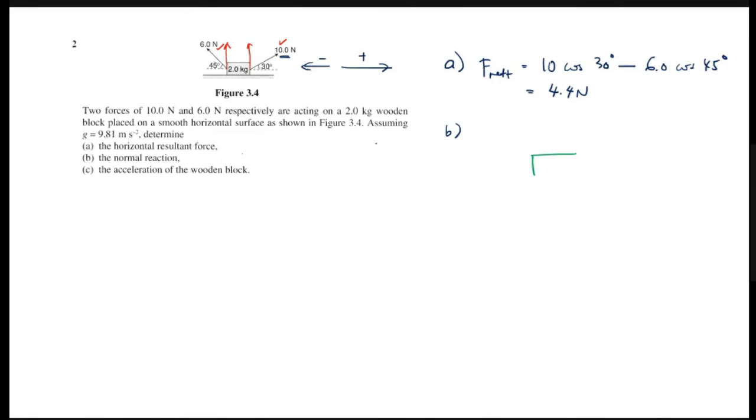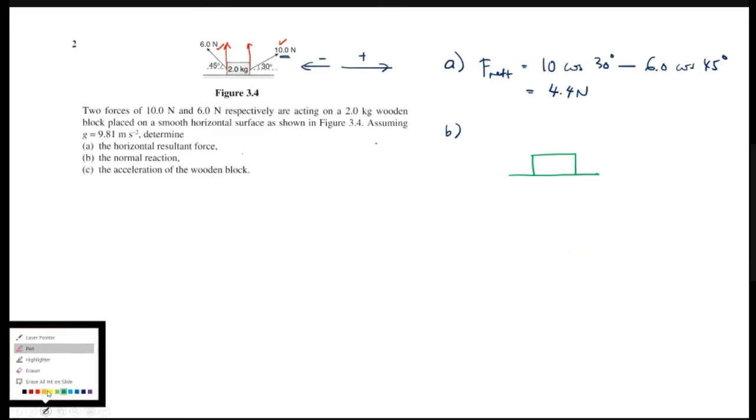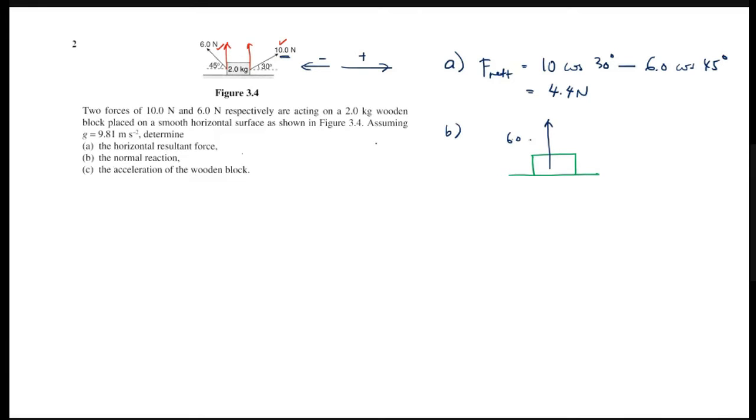So let's say we draw the forces. First of all, this 6 Newton, going upwards is 6.0 sine 45. One more going upwards also, there is 10.0 Newton sine 30 degrees.